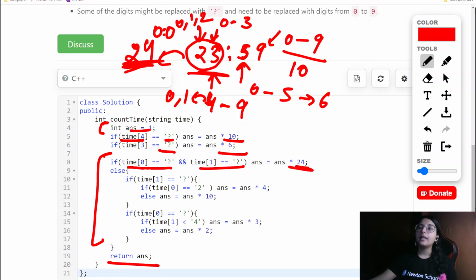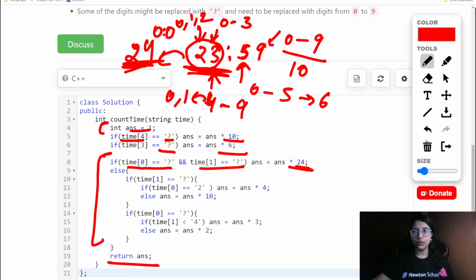Now comes the next part, that if either of them is question mark. So for that criteria now we are checking. So if our time of 1 is equal to question mark, then we will be checking for time of 0, else we will be going ahead. So if time of 1 is equal to question mark and time of 0 is equal to 2, we are heading towards this one possibility.